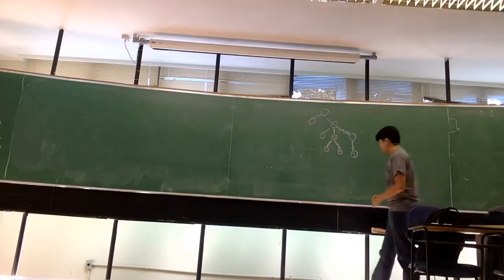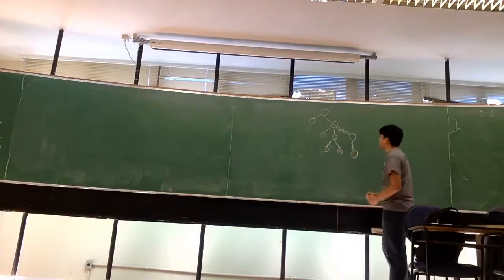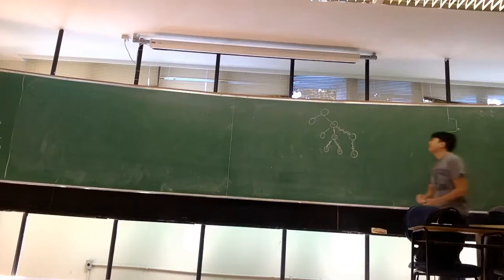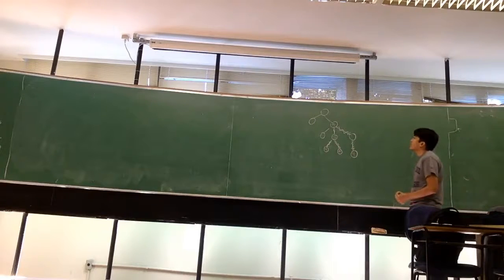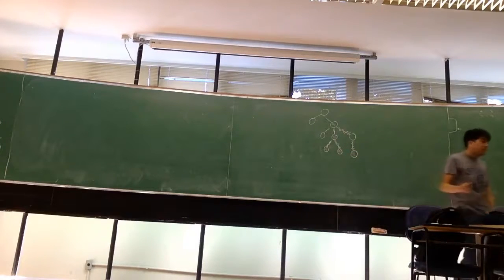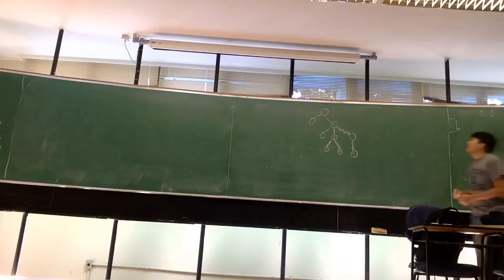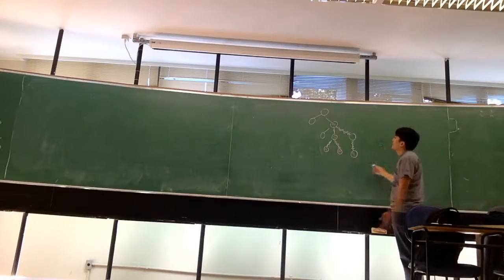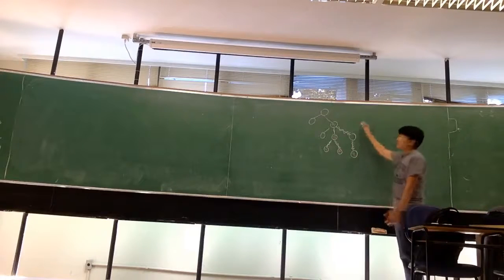Okay, how to solve this problem? Well, the first thing to notice is that the set of edges that you need to consider has to be connected. It has to form a connected component.